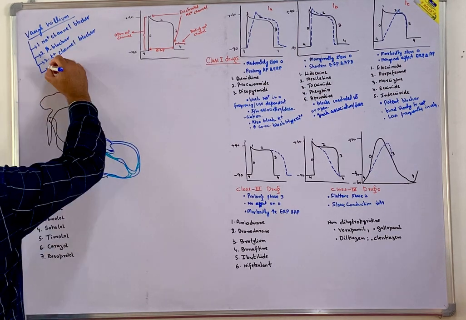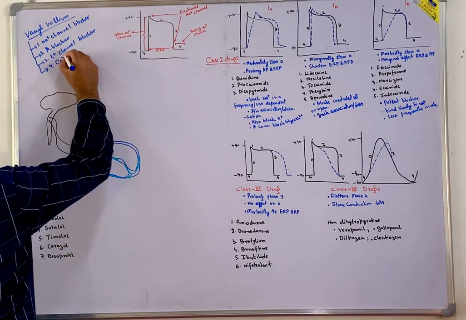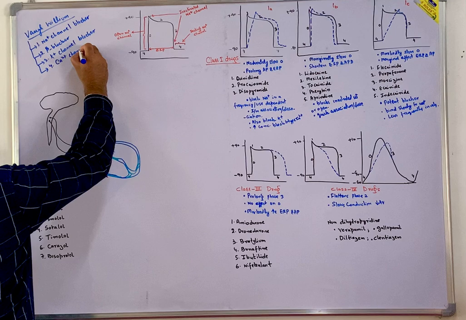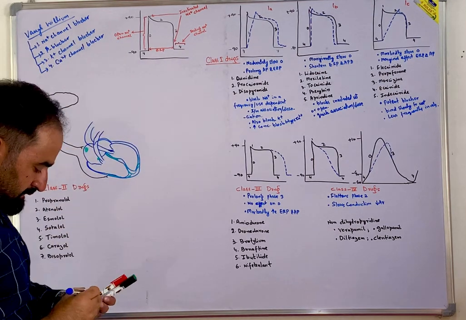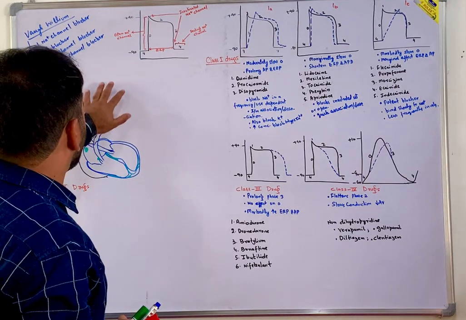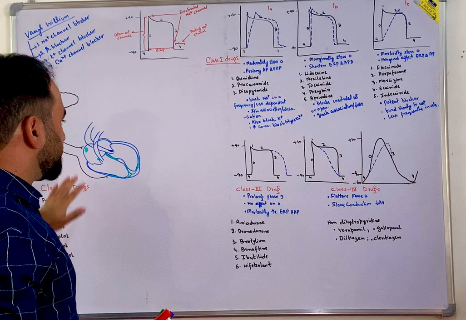And class 4 is calcium channel blockers. Okay. So this is Vaughan Williams, who classified the drugs into the four classes.